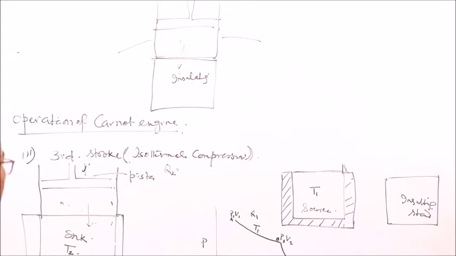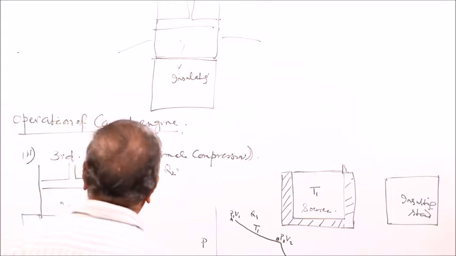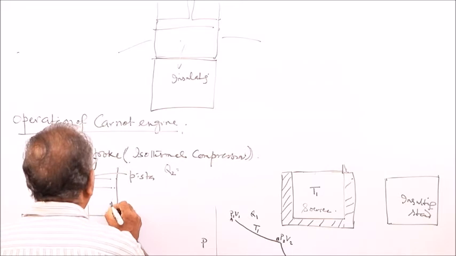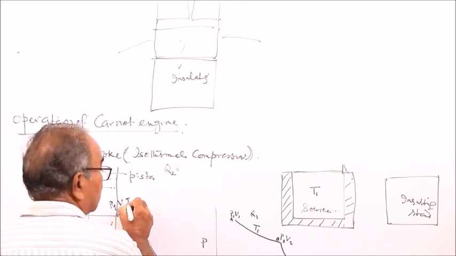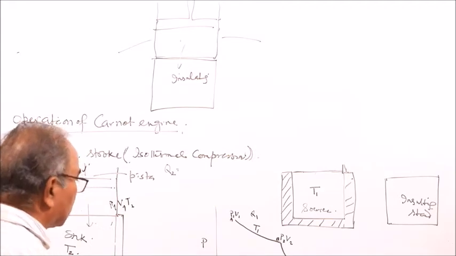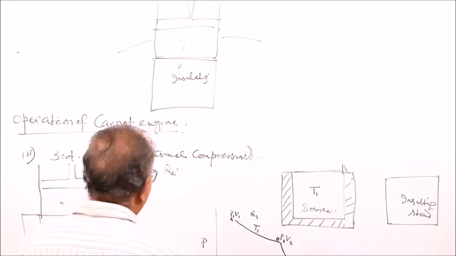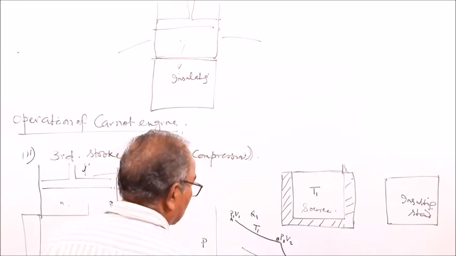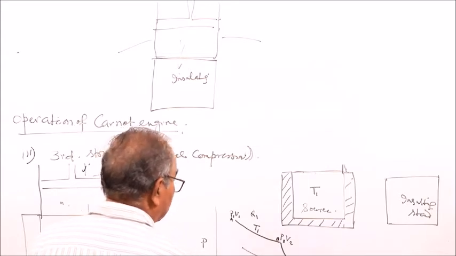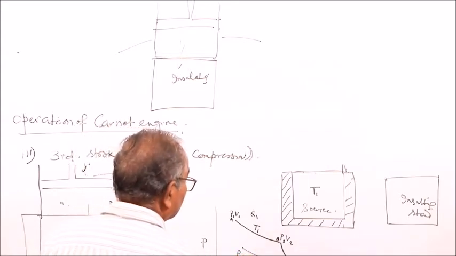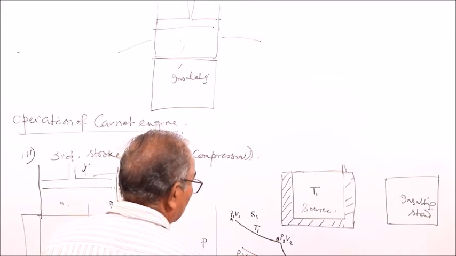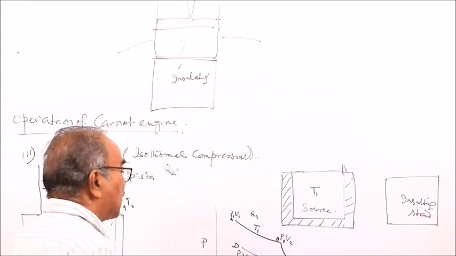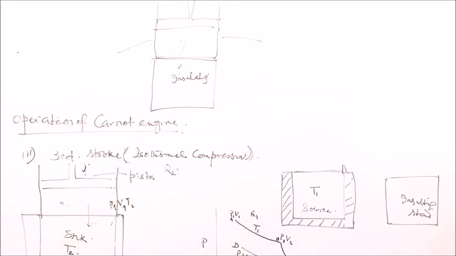This continues till the pressure becomes P4 and volume V4, and the temperature remains T2. This is the compression. The diagram will be like this: gradually pressure is increasing and volume is decreasing, finally reaching P4, V4 and T2, indicated by the curve CD.